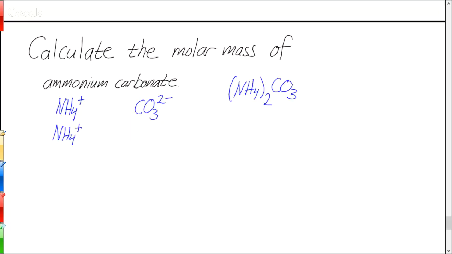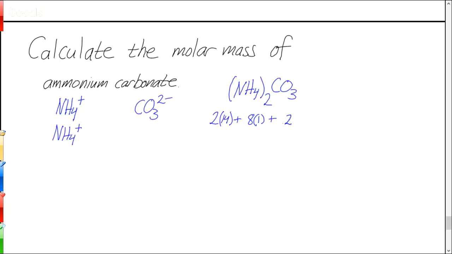So now that we've got the formula, we can calculate the molar mass looking at the mass numbers. I'm just going to round to the whole number because it's not specified. So in that case, there would be 2 nitrogen. Those are 14 each. Then 8 hydrogen, because we've got 2 of the NH4s, so 8 total hydrogen. And those are 1 each.